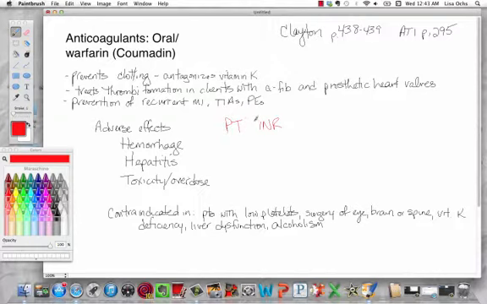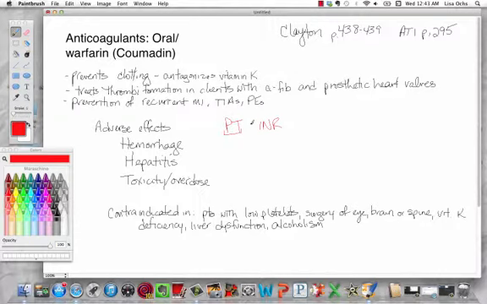And this is going to be standardized across all labs. It's important to remember the difference between the PT for Coumadin and the PTT for heparin, because the two are different times. But PT, INR go together. That's what we look at for Coumadin. They commonly call them bleeding times, and then the PTT is for heparin.